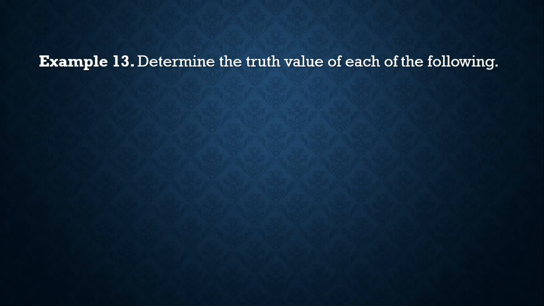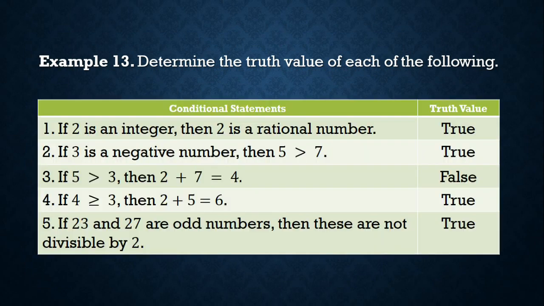Example: determine the truth value of each of the following. Given the conditional statements, number 1: if 2 is an integer, then 2 is a rational number. Since P is true and Q is true, the truth value is true.